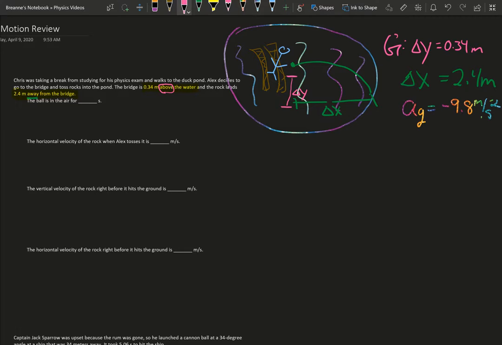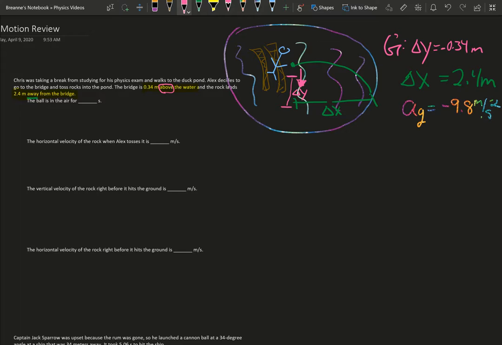In that case, though, I would have to come up here and make my delta y negative. The reason I would have to make my delta y negative is because the rock is going down. Now, Miss Verona keeps her acceleration positive, so she can keep her delta y positive. It doesn't matter as long as they're the same sign, you're fine.